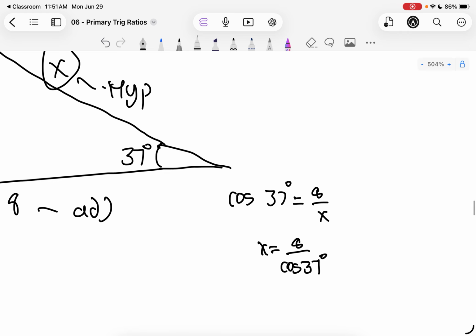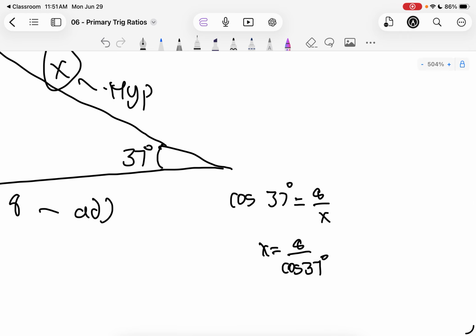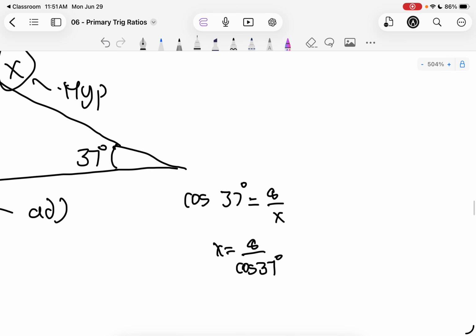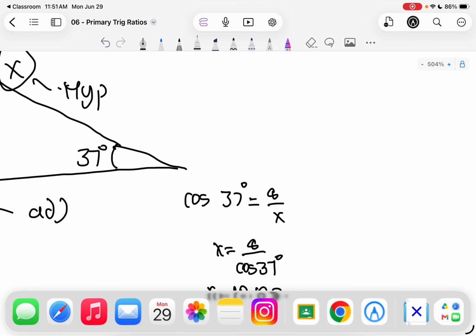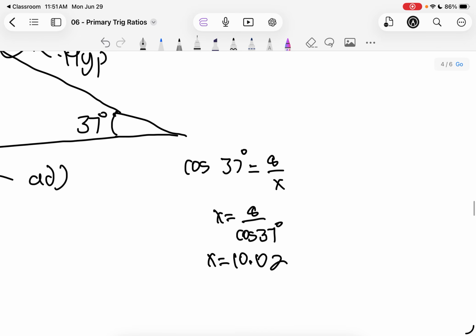I'm skipping steps here, but you can find out how to move it around to get such answers, and then you'll get x equals 10.02.